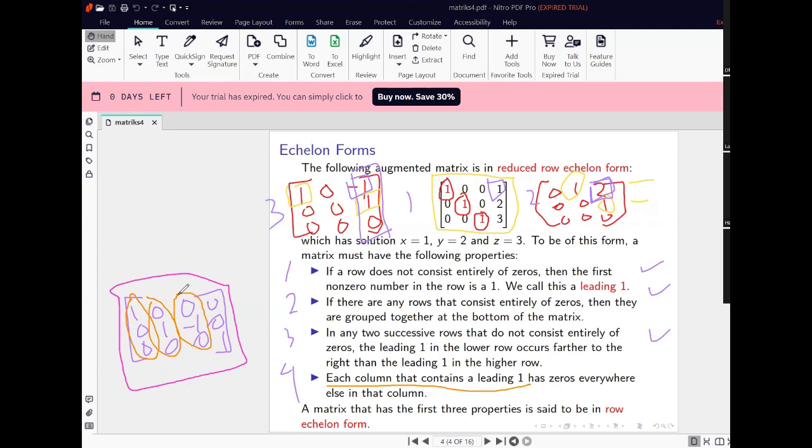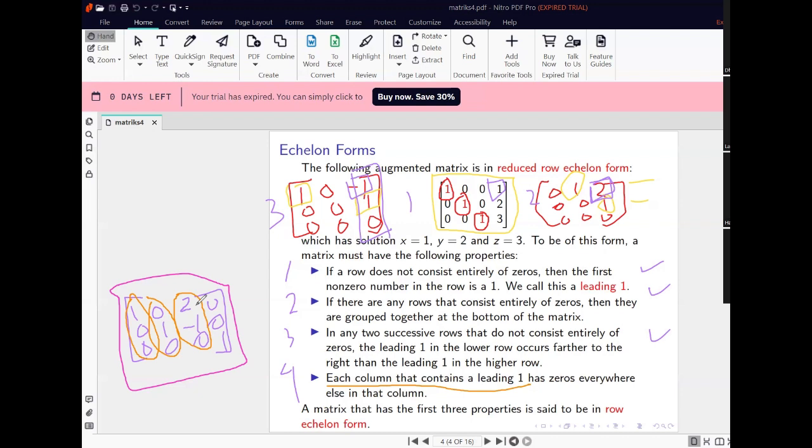It does not contain a leading one. So when I change this number into 2, for example, it still satisfies properties number 1, 2, 3, and also 4, because this column doesn't contain a leading one.